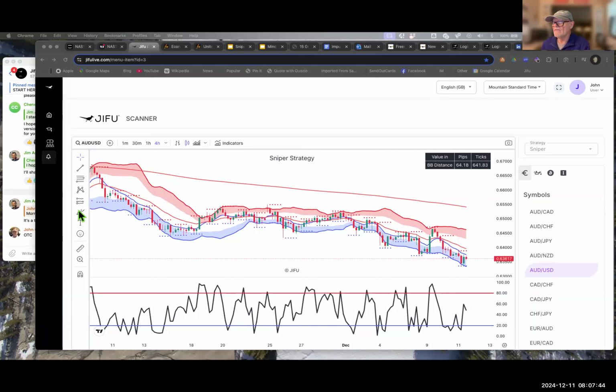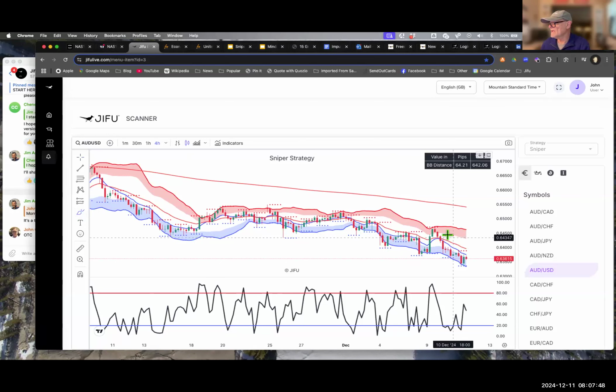Over here there would be a possible re-entry with this coming off the overbought down here, to give us a heads up that we're heading back down again. There was another one that wasn't so good. That's the most recent one anyway. Don't forget we're on the 4 hour.